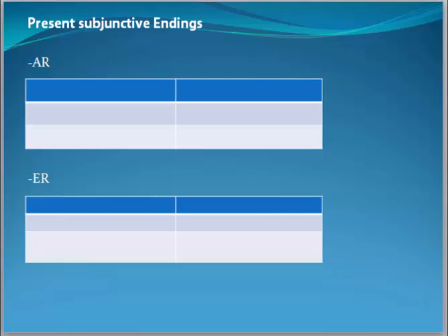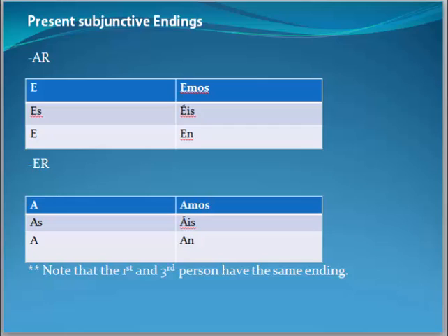After they have done that and students have come up to the interactive whiteboard and attempted these endings again, I will display the endings for the present subjunctive. When this has been completed, we will move on to the new grammar concept that they will learn.